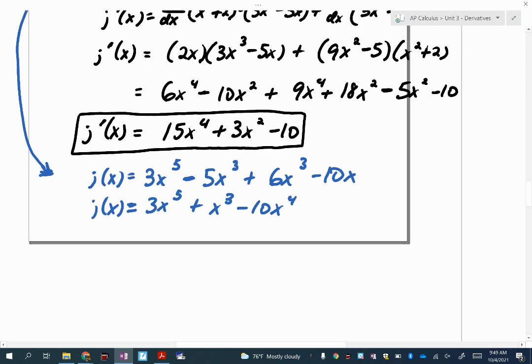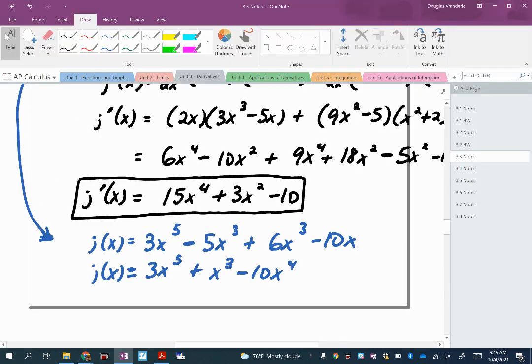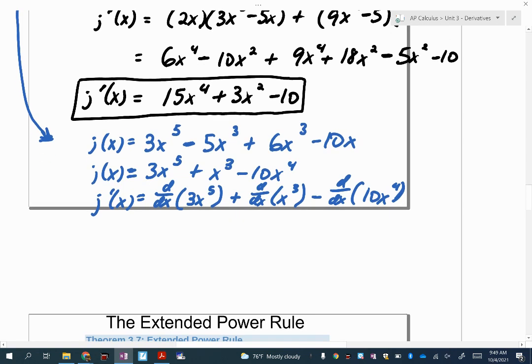So now if we find the derivative, we're just using the sum rule, right? So I guess I'll stick with blue. To find j prime of x this way, we're doing d dx of 3x to the 5th power plus d dx of x cubed minus d dx of 10x. All right, let's confirm.